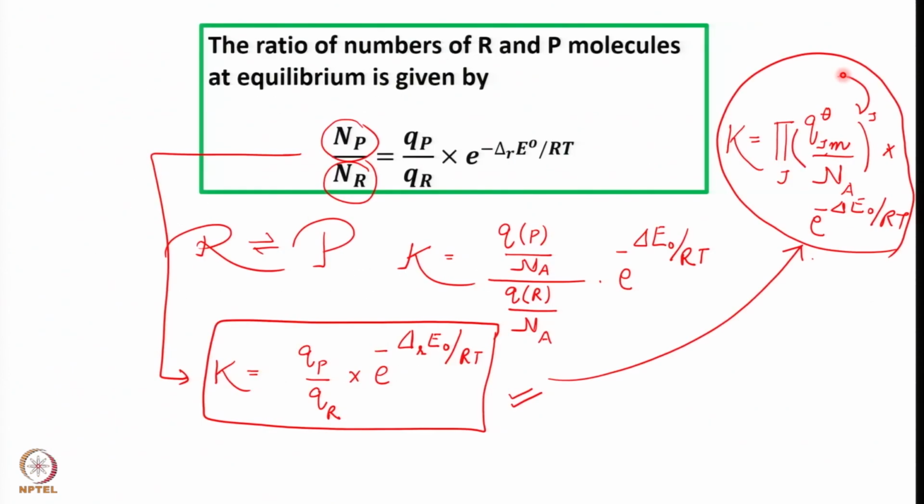How do I get now these numbers? Now you recall, what can give you the number of molecules? Boltzmann distribution. And what that Boltzmann distribution is, if you remember our discussion earlier, Ni upon N is equal to exponential minus beta Ei upon Q. This basically is population.